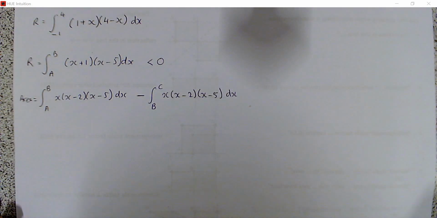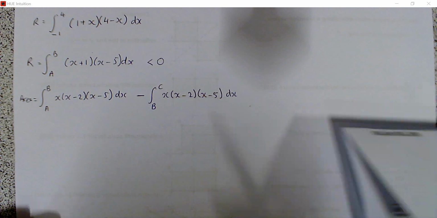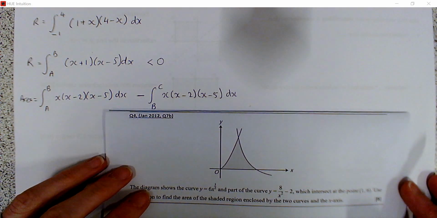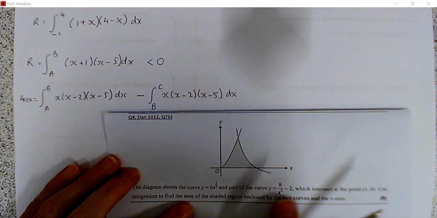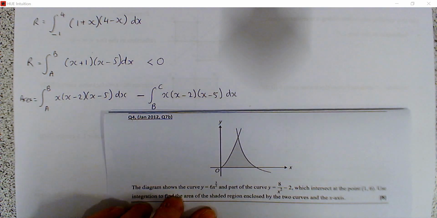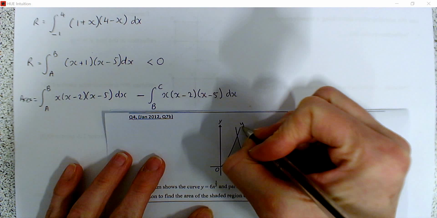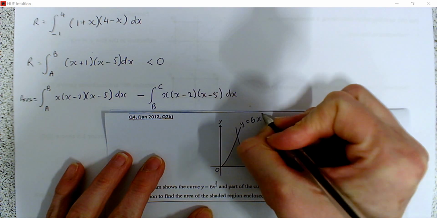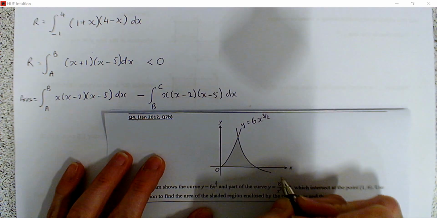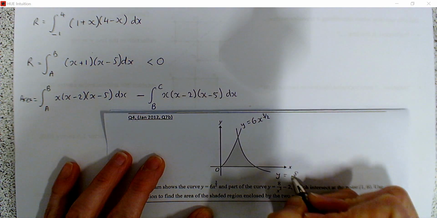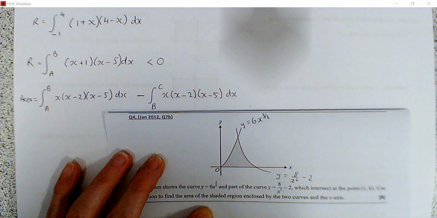Now that technique, just finding the area between a curve and the x-axis, means we can find all sorts of areas. So here we've got a strange one. I've got two different curves, and part of the puzzle is to work out which is which. You can sketch them on your calculator, and it turns out that this one is y equals 6x to the 3 over 2, and this one is y equals 8 over x squared take away 2.